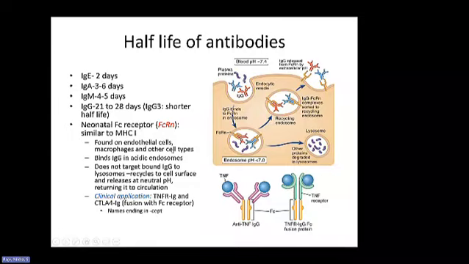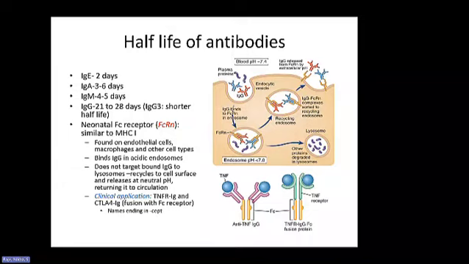They bind to IgG in acidic endosomes, which means, say there are antibodies in the circulation, those will be taken up into the cell by pinocytosis. It basically takes small sips of the fluid where it takes up those immunoglobulins inside the cell, and because of that FcRn, those FcRn will keep the IgG bound to it in these acidic endosomes.